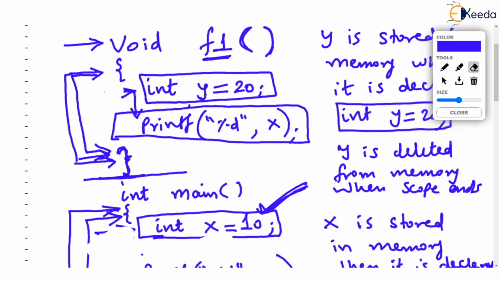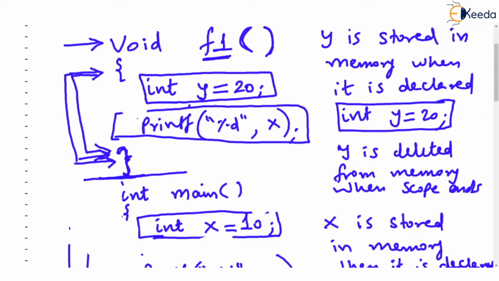Now, any such variable which is declared within the scope is called an auto variable. That means the storage class of y. See, every variable in C language has a storage class. Here we go now. You know, a variable has a data type.